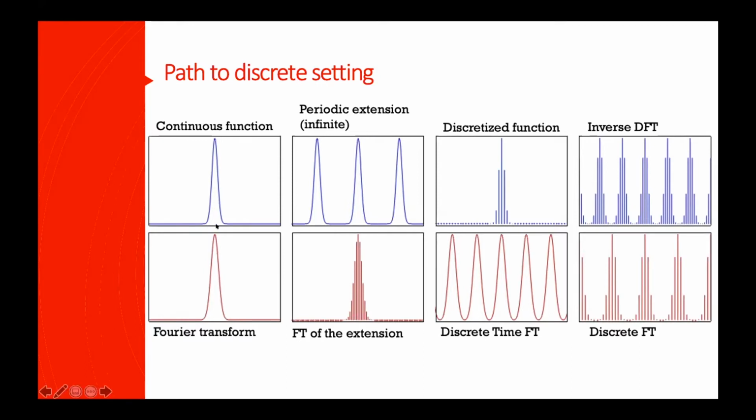Now, if you play around with this function and you have, say, a periodic extension of this function, sorry, the blue one, you repeat it infinitely many times, that is the only time that you will get discrete numbers.